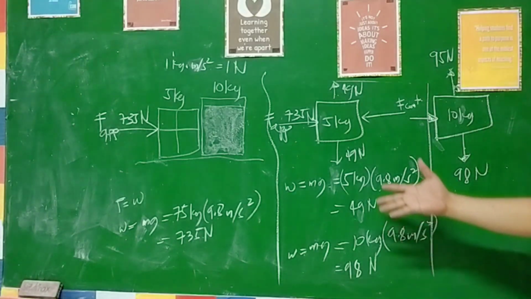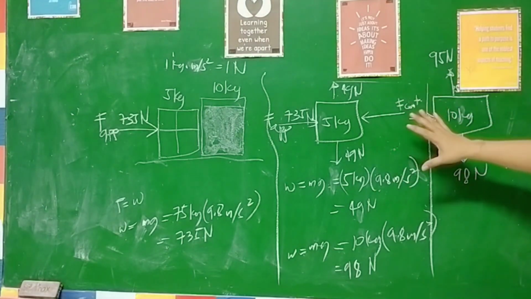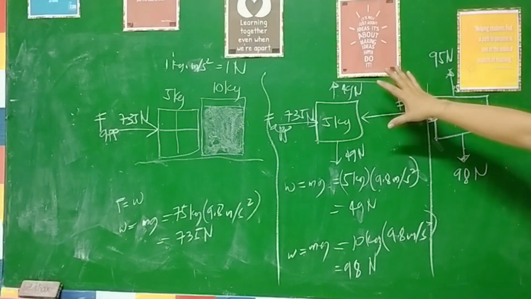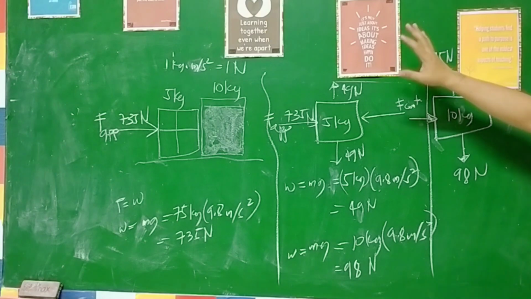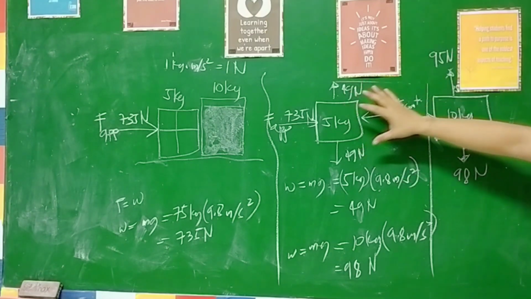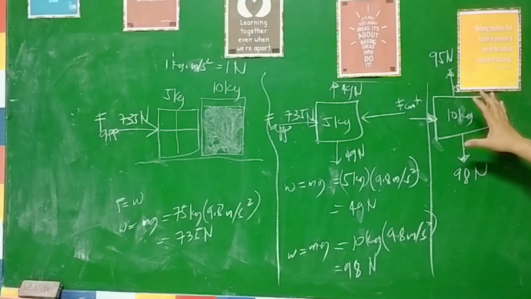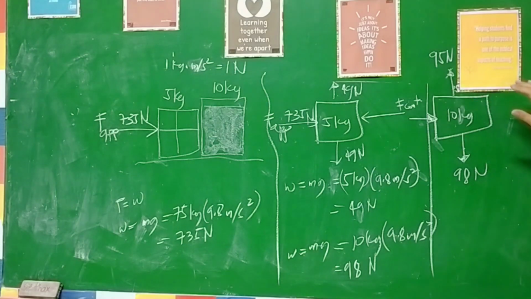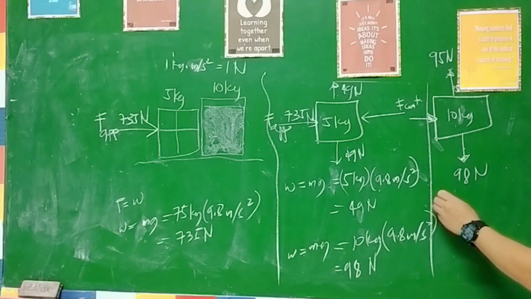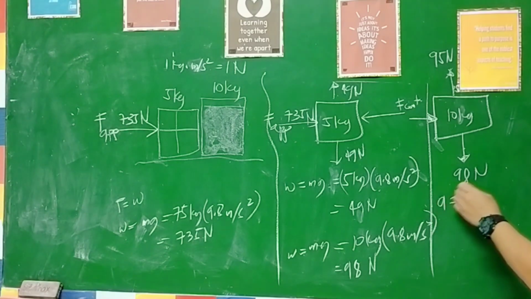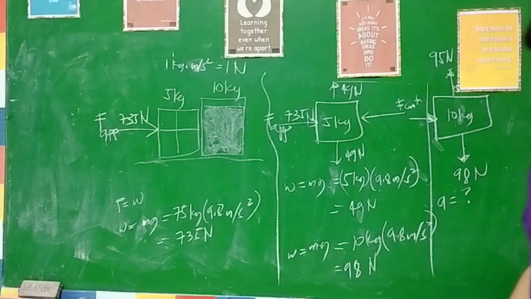So now we have already our free body diagram for both boxes as our system analysis for box A, which is 5 kilograms, and box B, which is 10 kilograms. And now for sure we are ready to solve for the acceleration. What will be the acceleration?